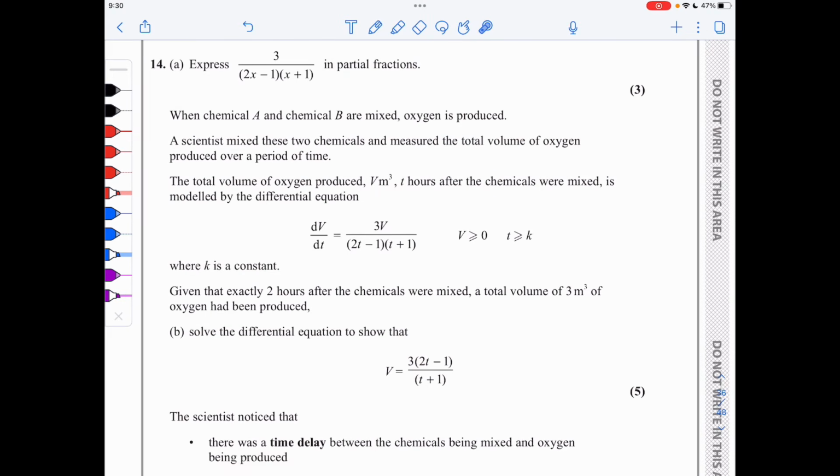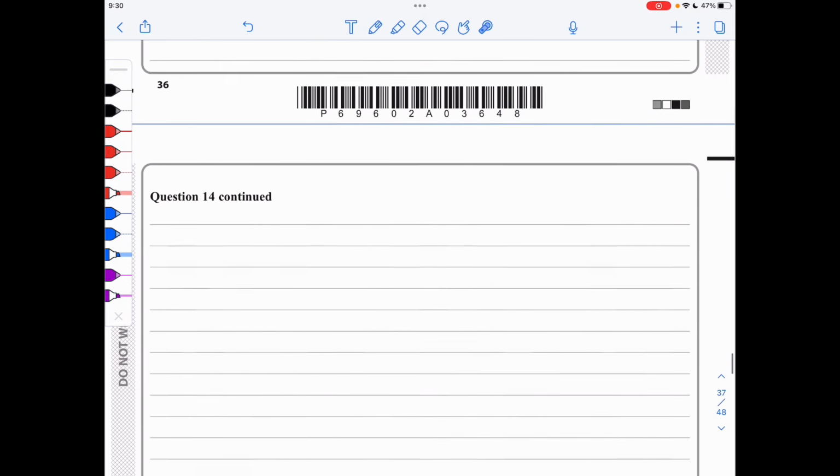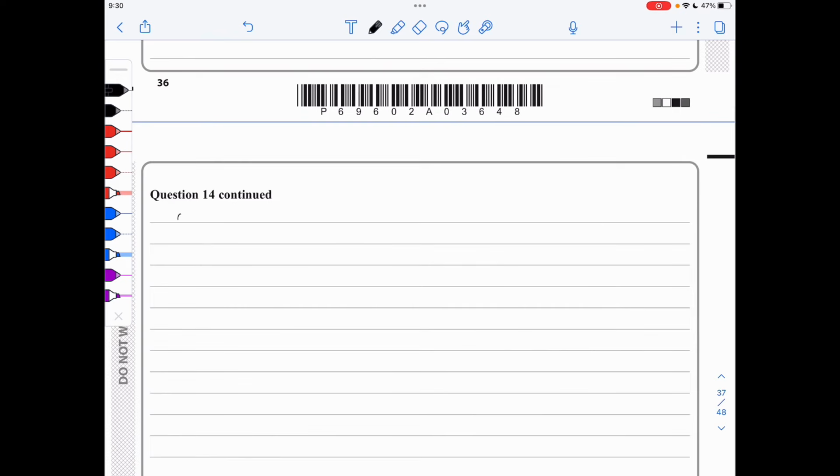In 14a, we are asked to express 3 over (2x - 1)(x + 1) in partial fractions. So we start by saying we've got 3 over (2x - 1)(x + 1), and this can be written as A over (2x - 1) plus B over (x + 1).